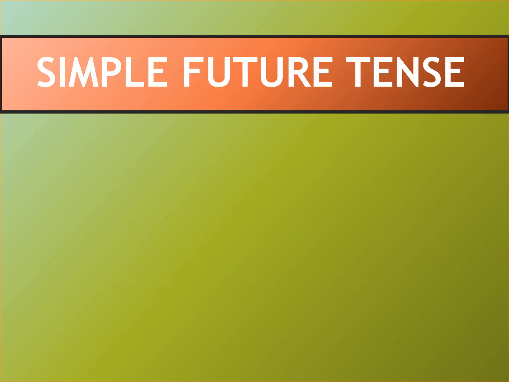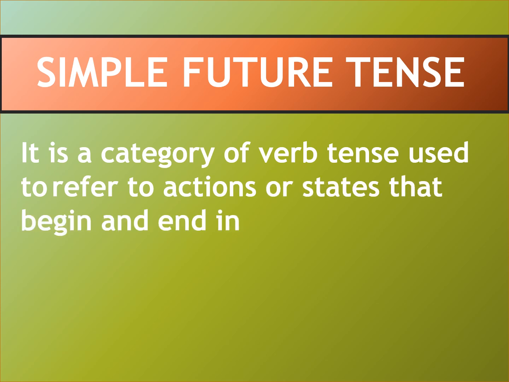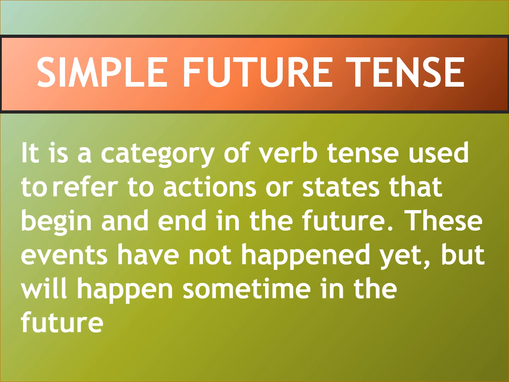Now let's move to simple future tense. It is a category of verb tense used to refer to actions or states that begin and end in the future. These events have not happened yet, but will happen sometime in the future.